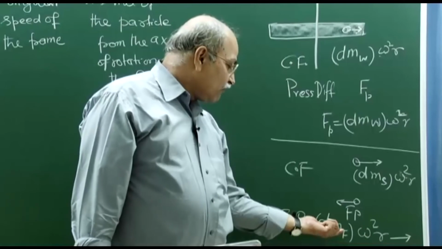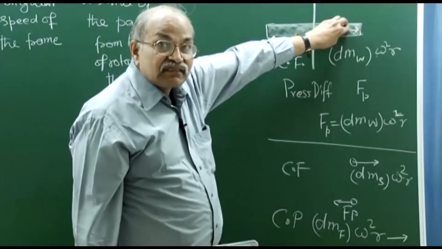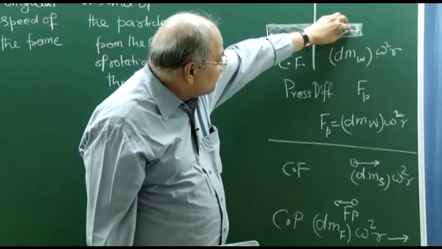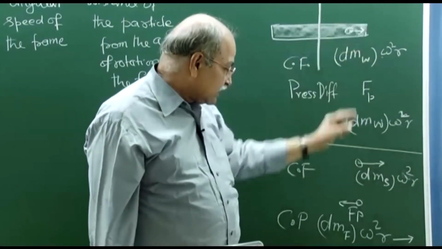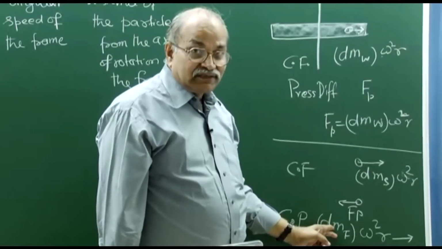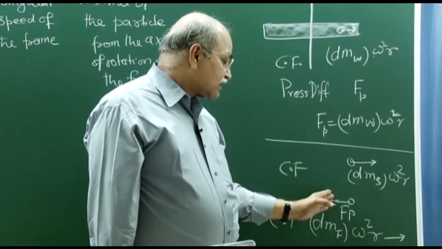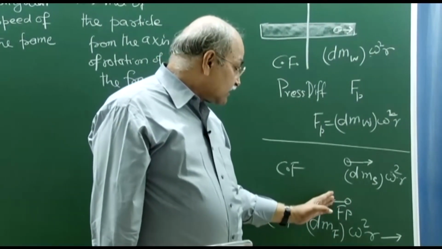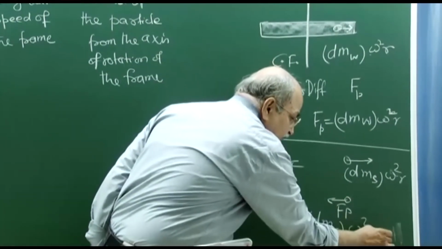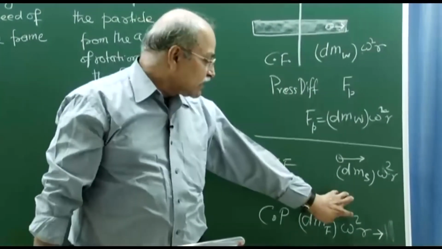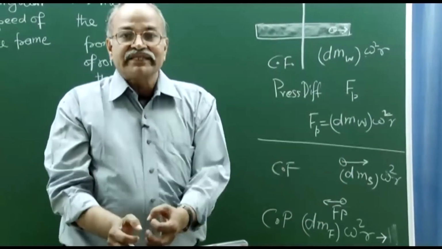So for the same volume and same shape of water mass here, the centrifugal force is this. For the same volume of foam mass here, the centrifugal force is smaller. F_P remaining the same, the centrifugal force is smaller, and the pressure difference force is larger. The resultant force will be towards the left. Let me draw a small arrow here. So the resultant force will be towards the center, and the foam particles will be driven towards the center.